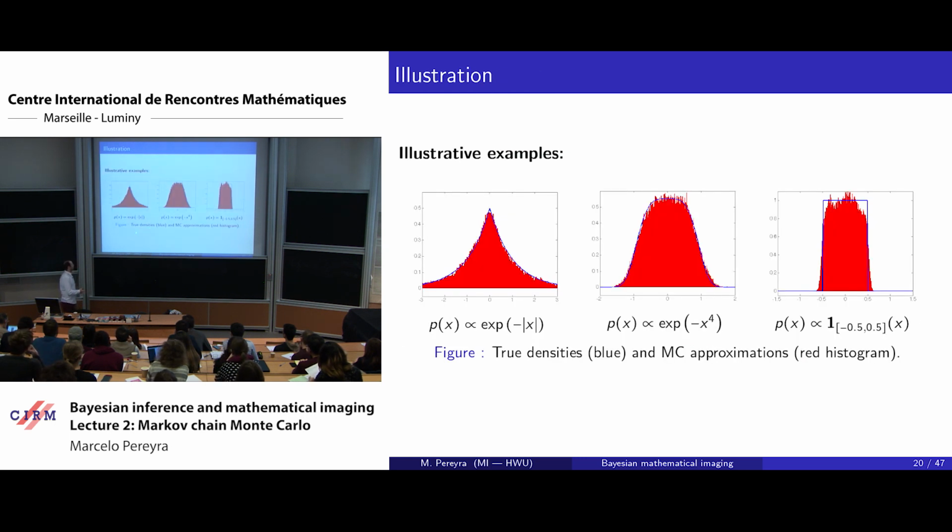If I run that for my simple vanilla examples, I get the histogram of the samples for a Laplace distribution, or the histogram of samples for x to the power 4, or an approximation of the uniform. So the algorithm is doing more or less what we expected. If I go for a smaller lambda, then I'll get a better approximation, but I'll need more samples because those samples will look very similar to each other. I'll need many iterations to get two samples that are really original and bringing new information.